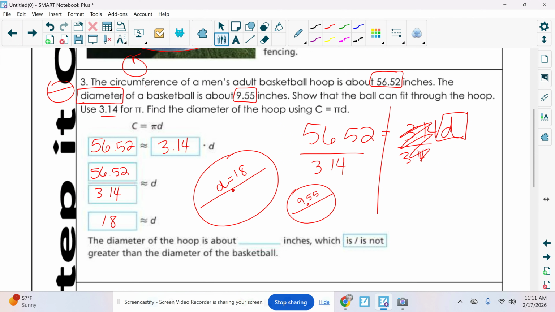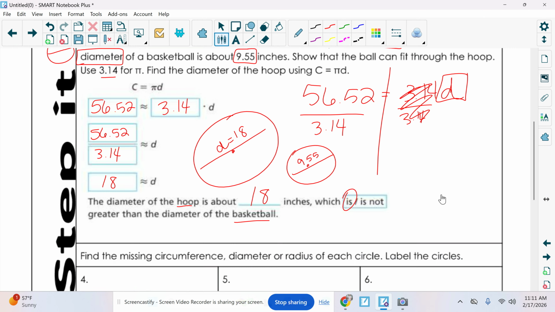That's why it can bounce back and forth in the hoop. So the diameter of the hoop is about 18 inches, which is or is not greater than the diameter of the basketball. Is the hoop greater than the basketball? Yes. Can you play basketball? Yes. If it was not bigger, then you could not play basketball. It would be rigged. It wouldn't work. Okay?